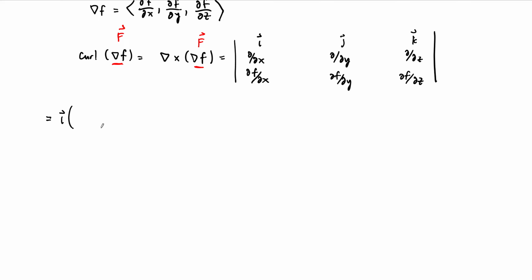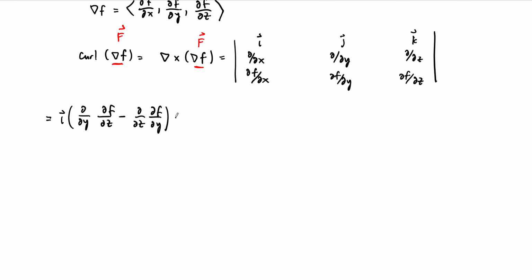So for the i component, we take d by dy of df dz minus, the other direction, d by dz of df dy. Not times, of. This is an operator: d by dz of df dy. So you have to be careful here. I was getting carried away.